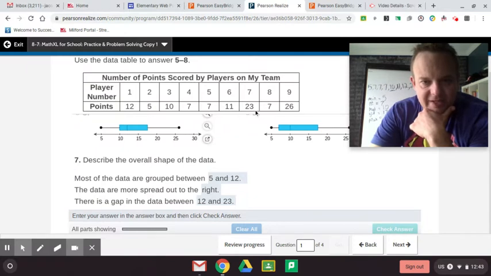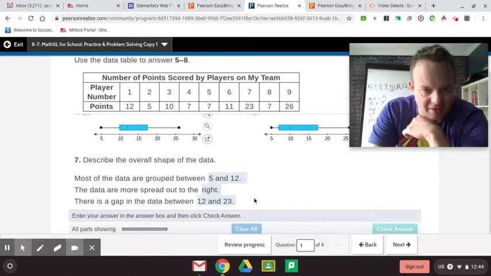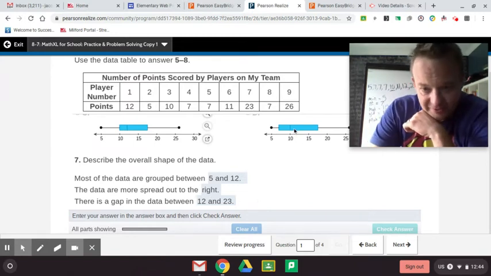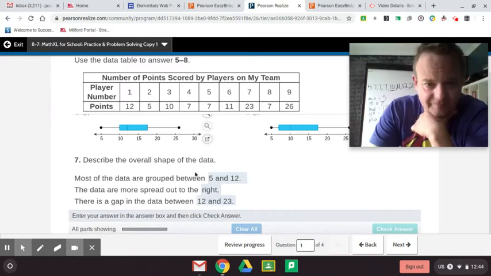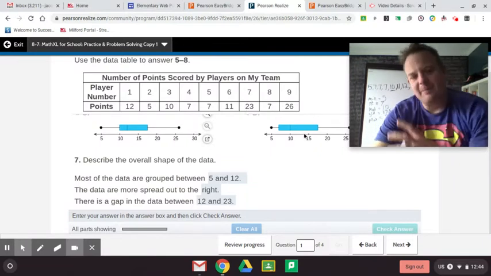There's a big gap that then leads to the 23 and the 26. So that's why I said that. The data are more spread out to the right. There is a gap in the data between 12 and 23. From 12 to 23, there's a big gap that this doesn't really show well, but the dot plot does show well.